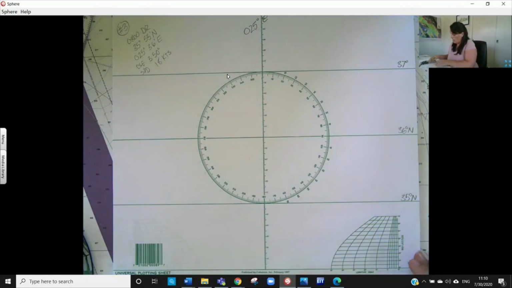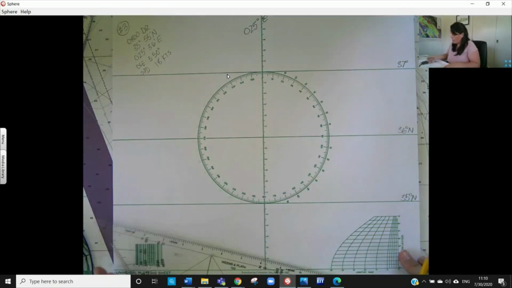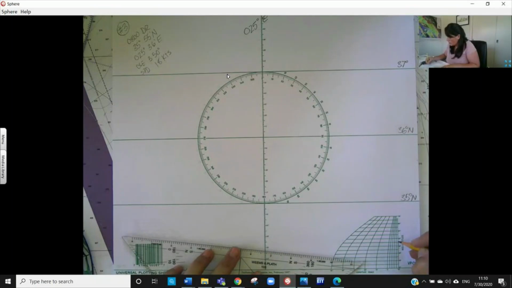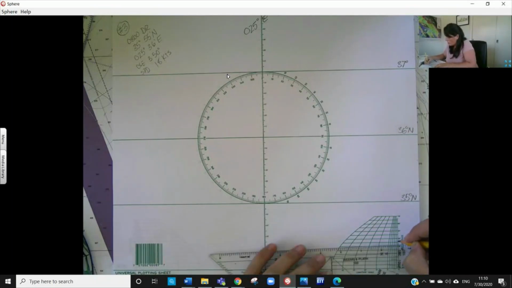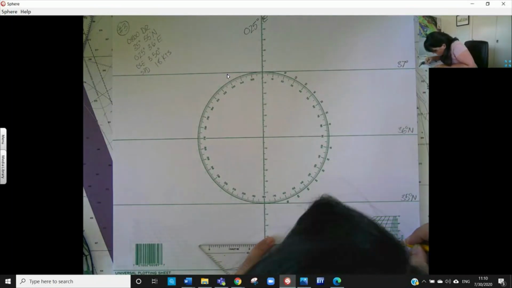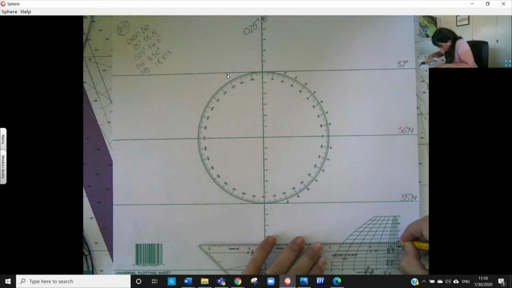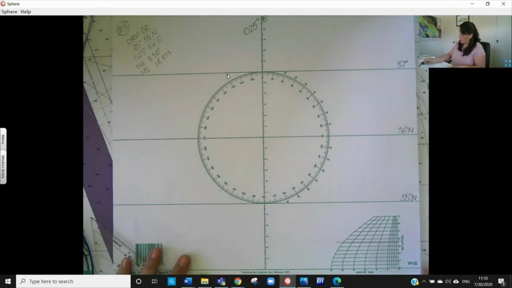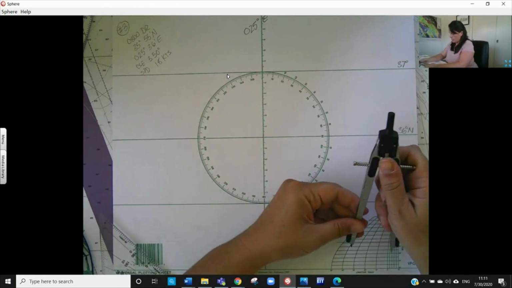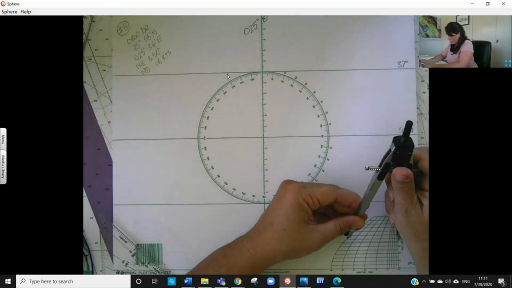So down on our longitude scale, I'm going to find 36, so just above our 35 line. We'll call that our 36 degrees north, mid-lat. And now I will measure the 60 minutes of longitude.